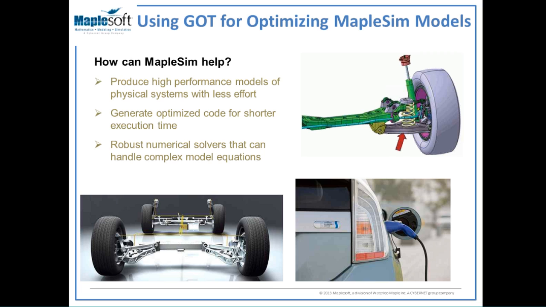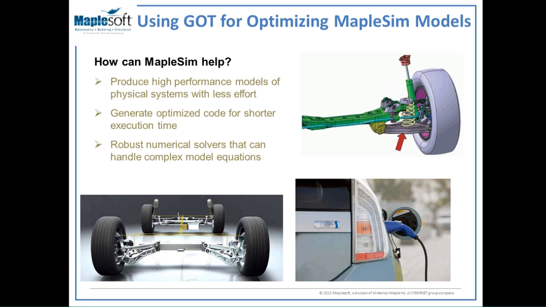MapleSim can also generate optimized code for the optimization process, and the code generated by MapleSim is highly optimized, which allows it to be executed in a very short time.